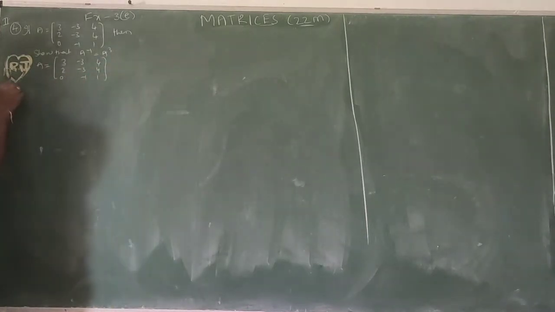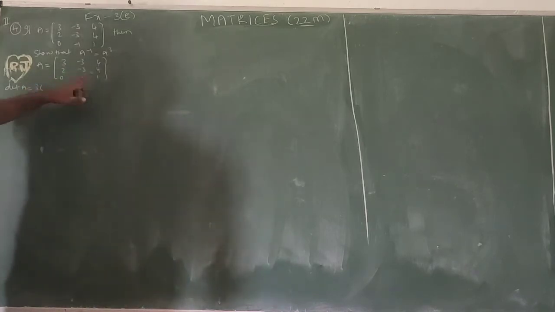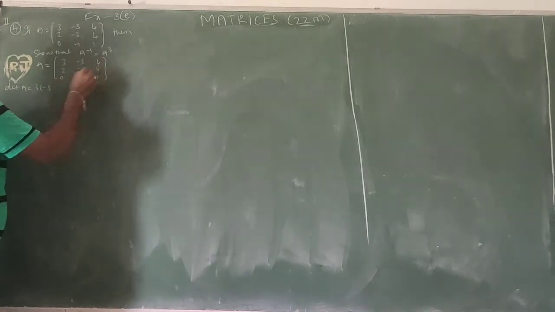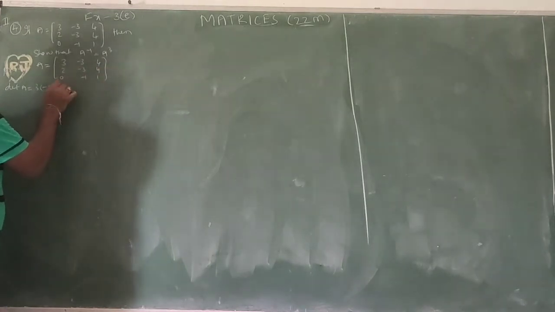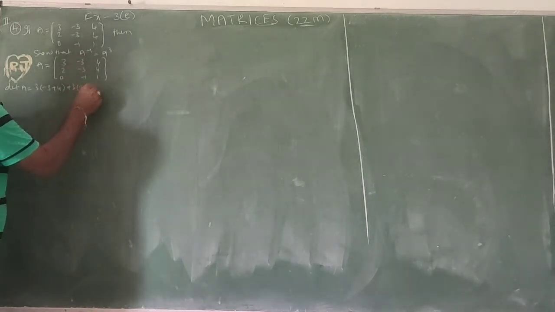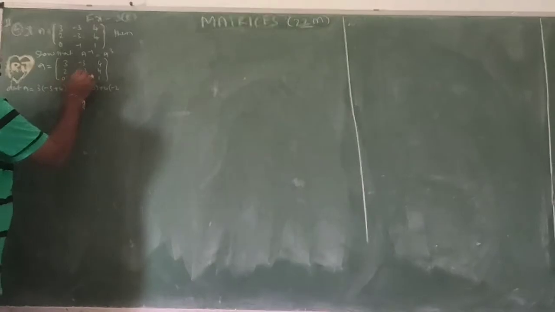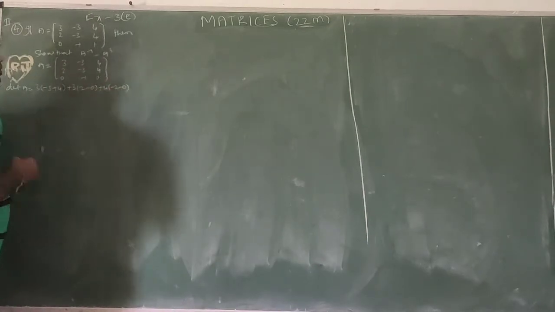So that is, 3 of (-3 into 1 is -3, -1 into 4 is -4, this side plus 4), next changing the sign, plus 3, 2 into 1 is 2, 0 into 4 is 0, plus 4 of (2 into -1 is -2, 0 into -3 is 0).